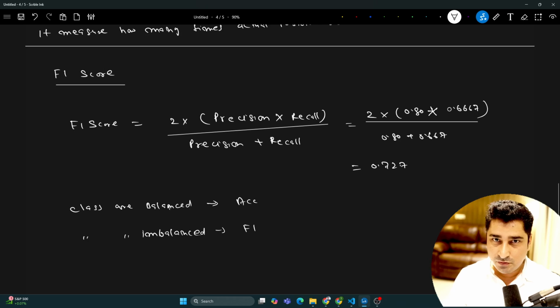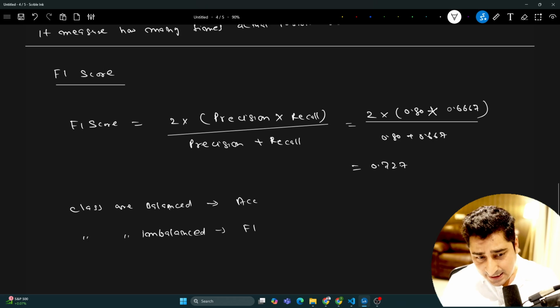So accuracy is true positive plus true negative divided by the total number of the data set, or true positive, true negative, false positive, false negative. As simple as that. But you are supposed to use the F1 score when classes are imbalanced. Many people will ask you in an interview when you are supposed to use the F1 score, accuracy, or precision.